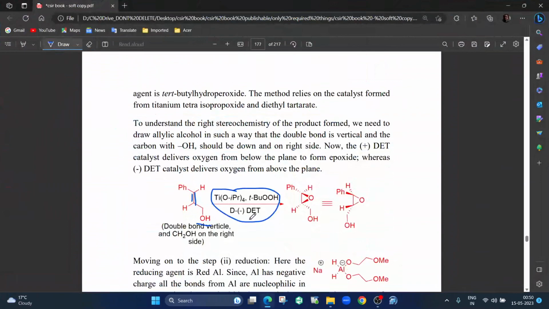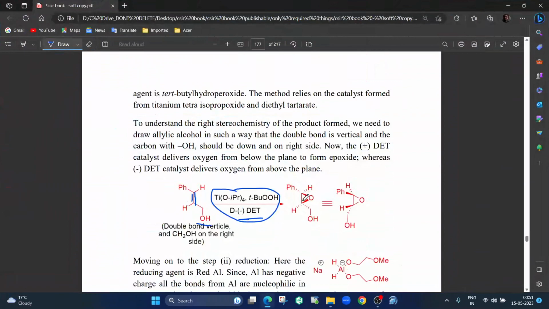And then he said when you use minus diethyl tartrate, then the attack will occur from the front. But if you use plus diethyl tartrate, he got the Nobel Prize for it. This was a great discovery. And he said that if you use plus diethyl tartrate as catalyst, then epoxidation occurs from behind. So here in this question, because it was minus, the attack occurs from the front.